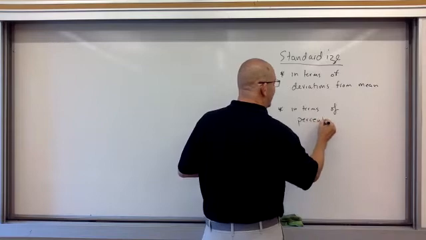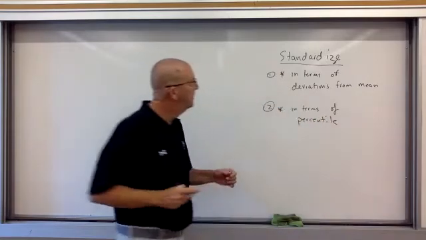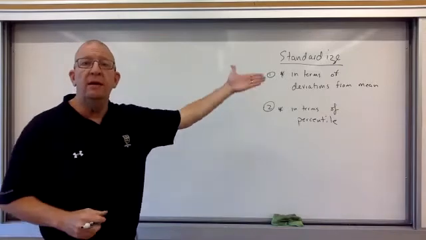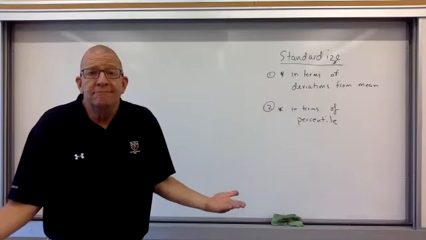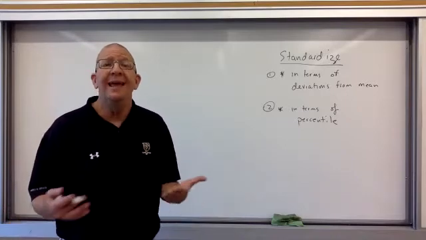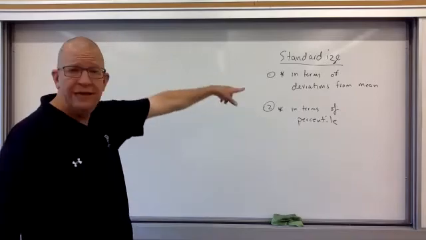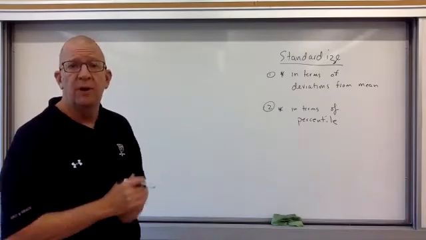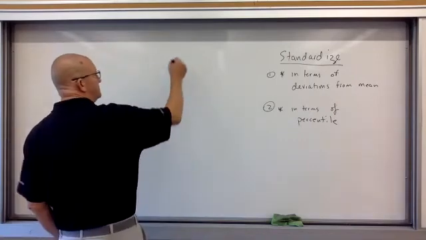And these are the two things we're going to talk about. 1, 2. Deviations from the mean or percentile. And that's it. That is totally it. Okay? Now, what do those two things mean? That's why we're here today. Okay? Let's start with percentile.